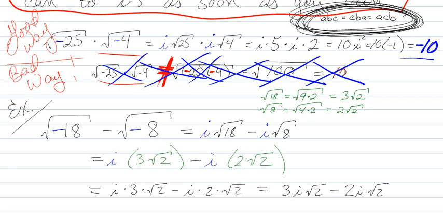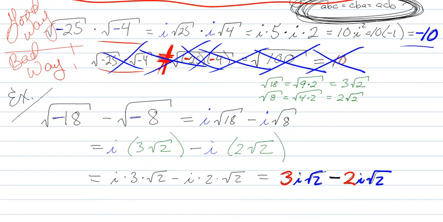So actually what I have here is 3i square roots of 2, and I'm subtracting 2i square roots of 2. So I have 3 of something minus 2 of something, and in the end, 3 of something minus 2 of something is the same thing as 1 of something, 1 of i square roots of 2.